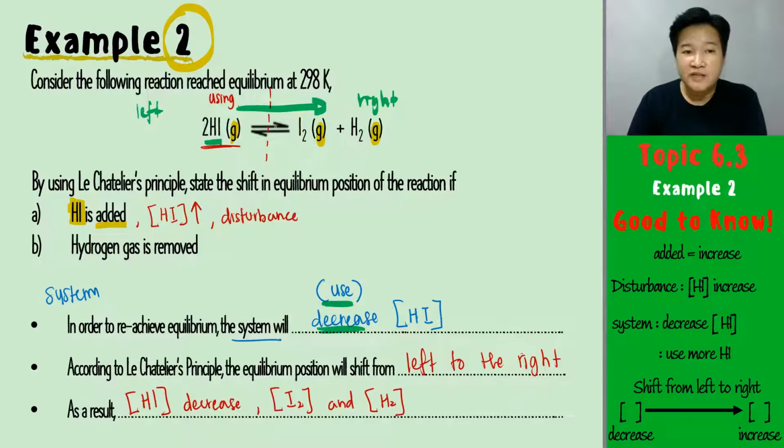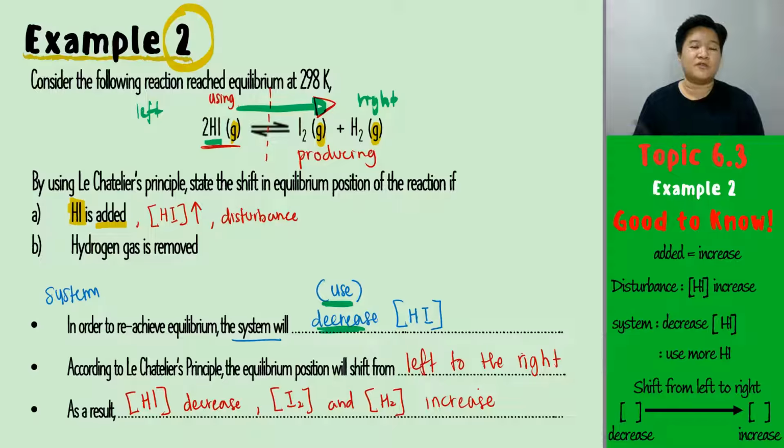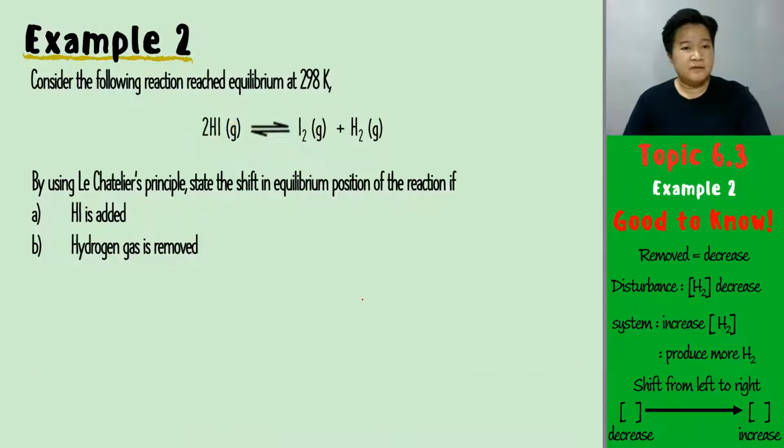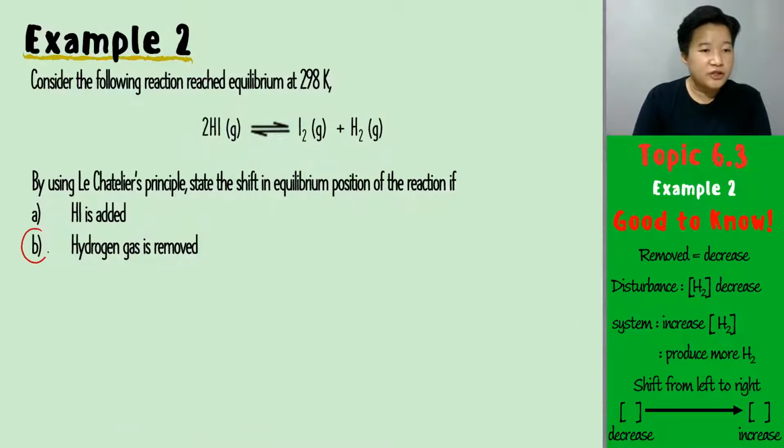Since we are shifting to the right, we are actually producing your I2 and your H2. So what happened to their concentration? Their concentration will definitely increase because we are shifting from the left to the right. Simple, easy.